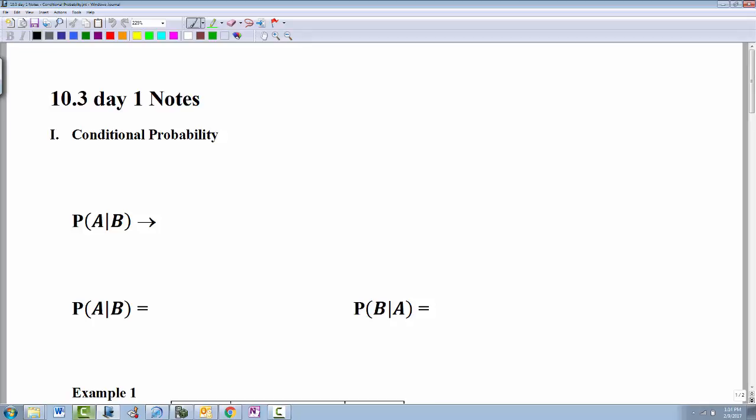So conditional probability is, let's just put this down. Let's go in red so it pops a little bit.